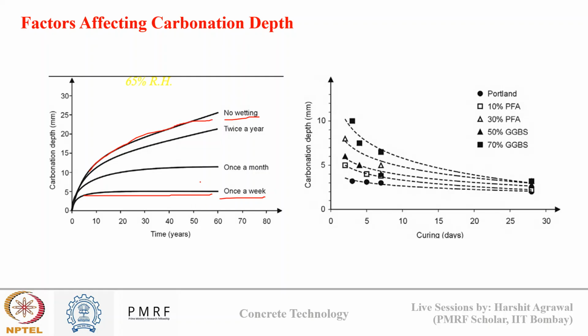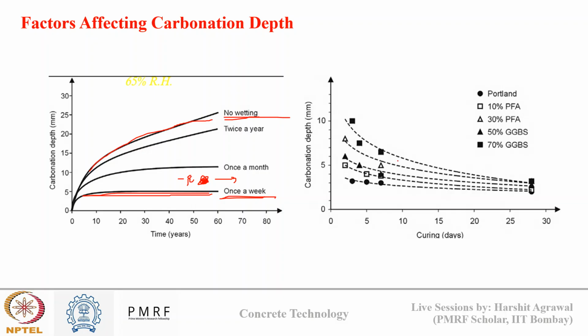Why? Because in saturated concrete there won't be any penetration of CO2, while in dry concrete CO2 will be able to move. The more times I saturate the concrete, the lower the rate at which CO2 moves through it. That's why with once a week wetting the carbonation depth is low, while with no wetting the carbonation depth is high.